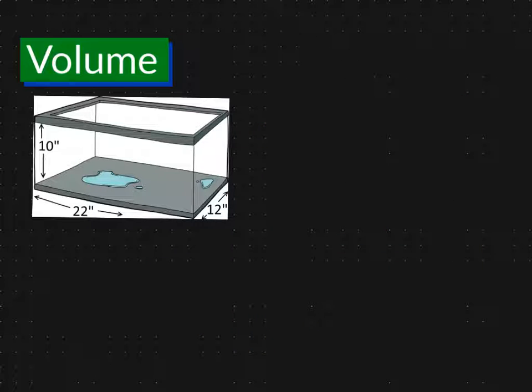Here's another example. Say we have this rectangular fish tank, and it's 22 inches long by 12 inches wide by 10 inches high. And we want to know how much water it will hold, so we need to find the volume. Now, to find the volume of a rectangle, we know that the volume is equal to the length times the width times the height.